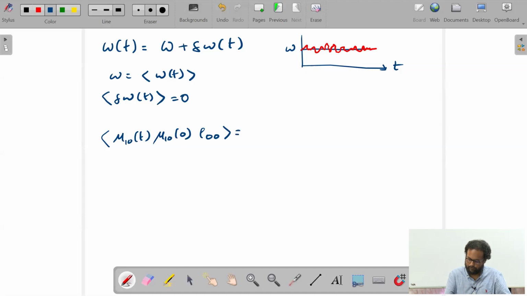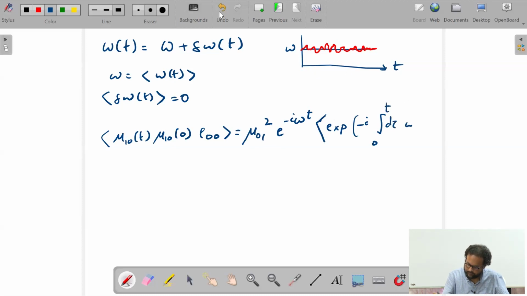And if I make the substitution from the previous slide, I'll get this multiplied by the average of exponential minus i integral 0 to t d tau delta omega tau. So one could solve this particular integral here.